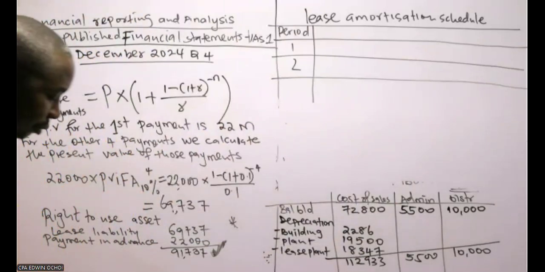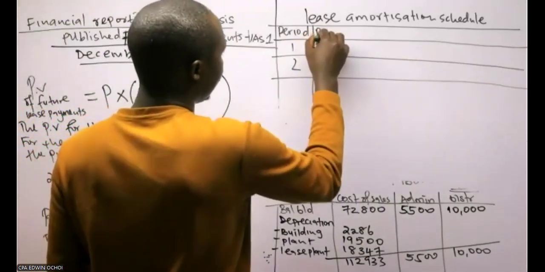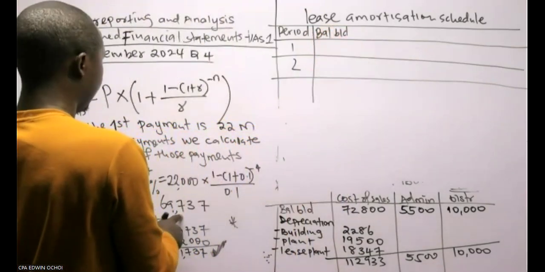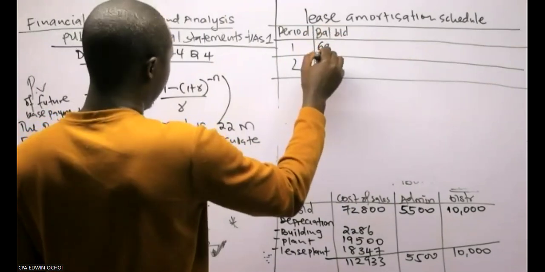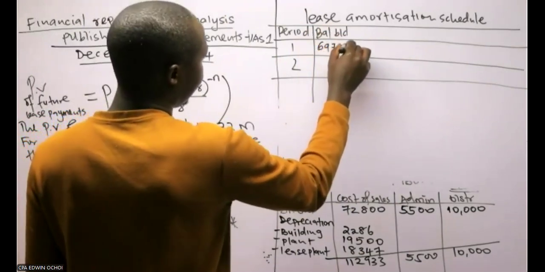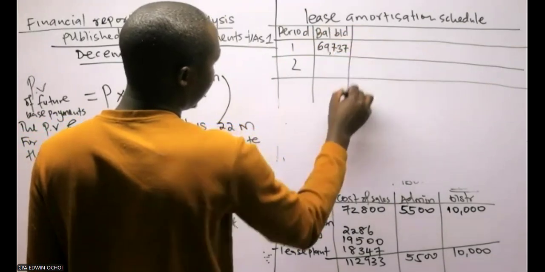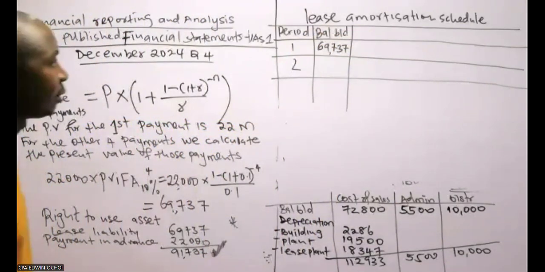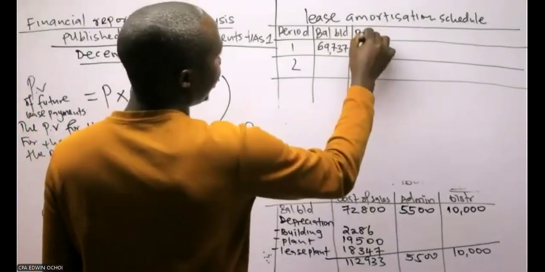So the balance brought down is 69,737. So here the payments.